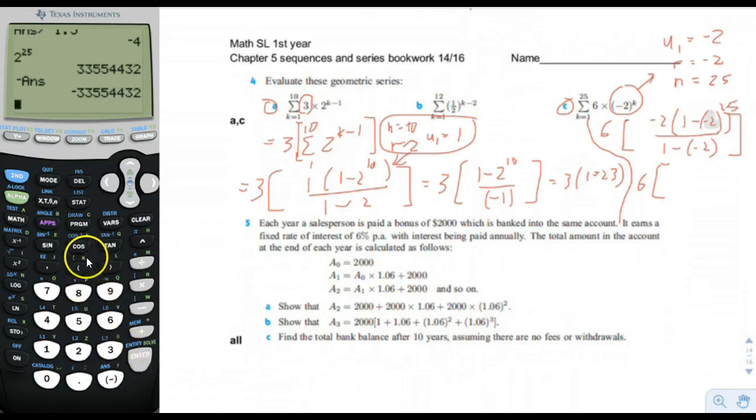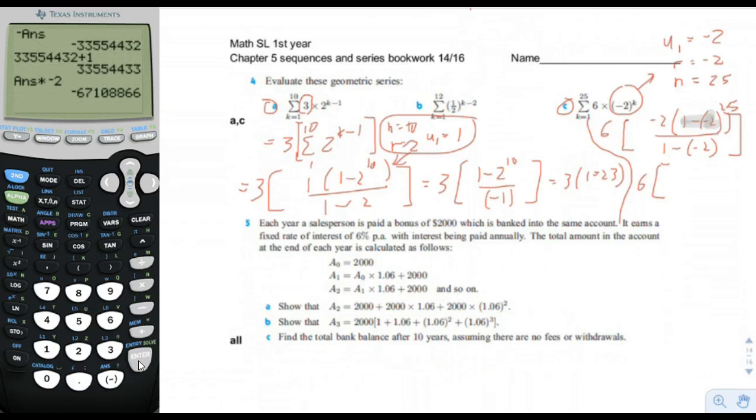And then actually we take the negative of that and we add 1. Okay, and then we'll get this part, and then we're going to multiply that by -2.